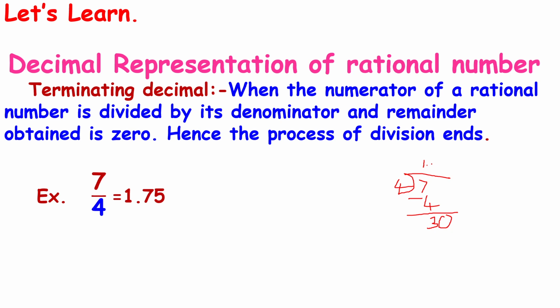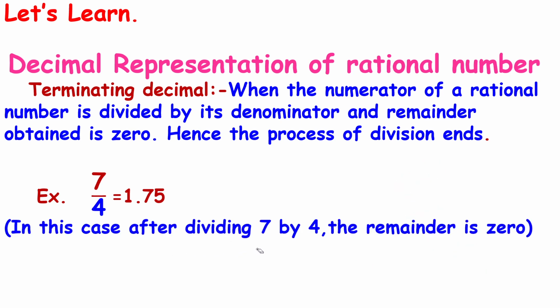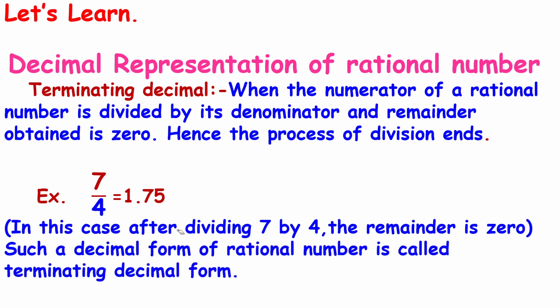Then 4 sevens are 28, 30 minus 28 is 2. Then 0, so 20. Then 4 fives are 20. Here the remainder is 0, hence the process of division is complete. In this case, after dividing 7 by 4, the remainder is 0. Such a decimal form of a rational number is called terminating decimal form.